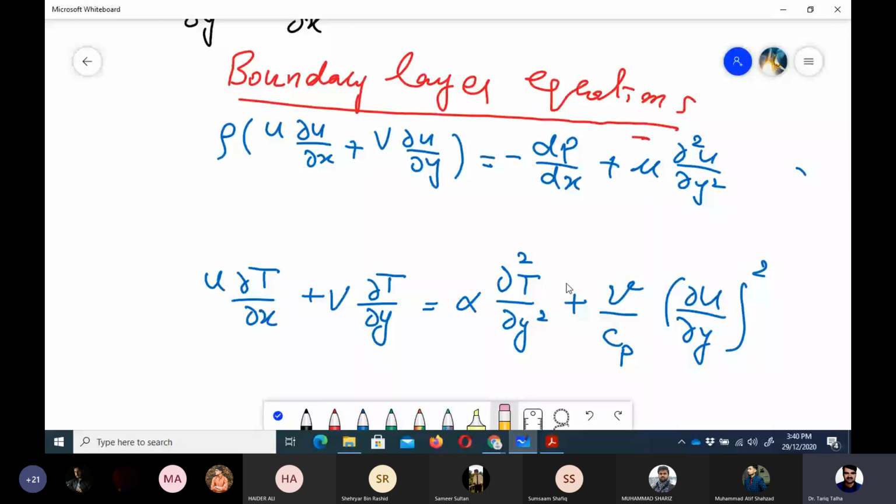Now the problem is how to solve these equations. We have got two routes. One is that we solve them using some mathematical analytic skills, anything we can solve analytically. That is called the boundary layer equation solution.